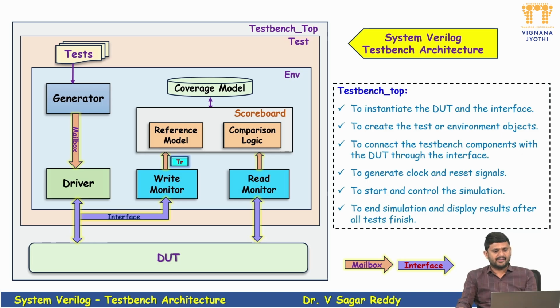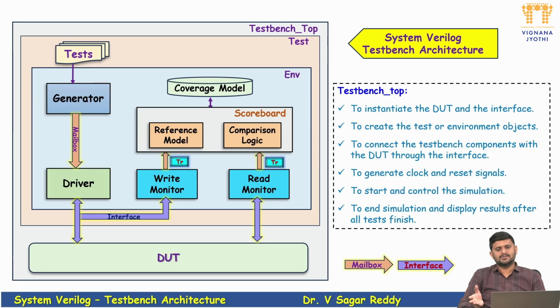The write monitor captures the input transaction and sends it to the reference model, and the read monitor captures the DUT outputs and sends them to the comparison logic, which checks expected versus actual, then says pass or fail. The coverage model tracks all the scenarios throughout the simulation. So every component plays its role, perfectly coordinated and fully automated.